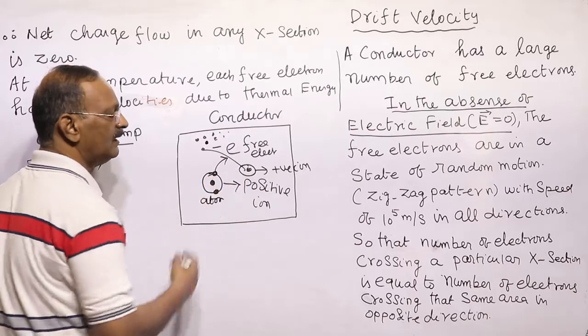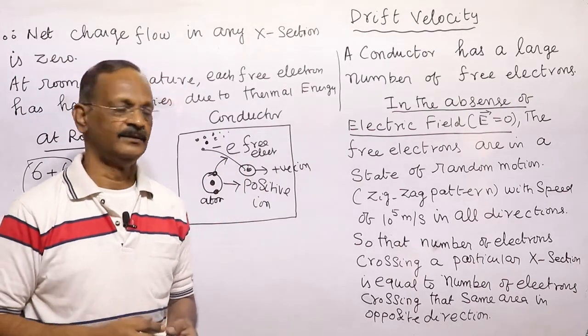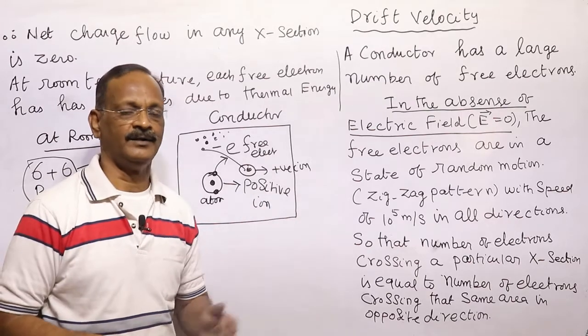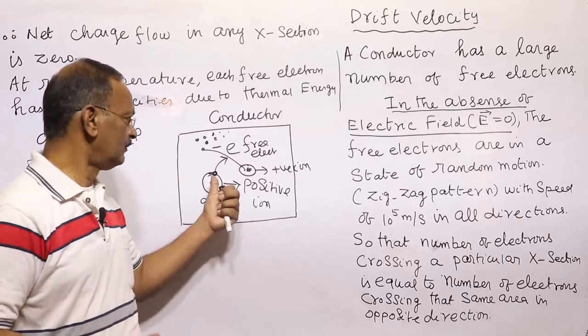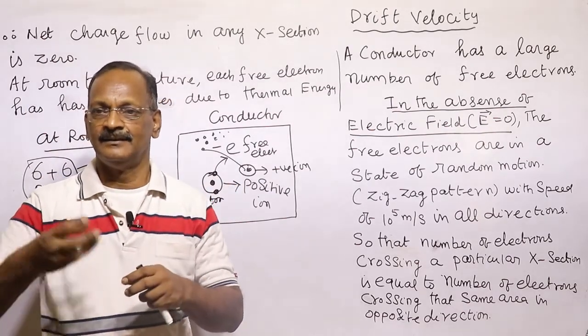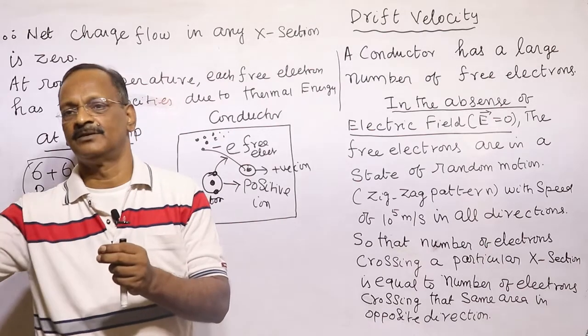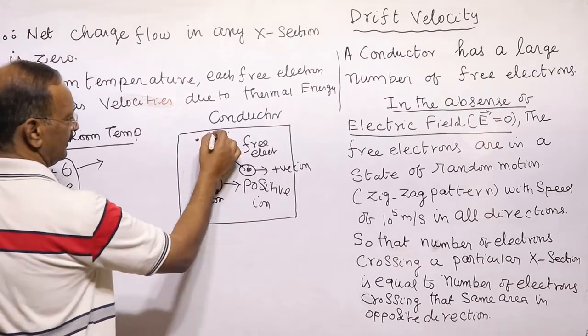Thermal energy means the energy an outermost electron absorbs from the room temperature, and due to thermal agitation it comes out of the atom. So this becomes a free electron.